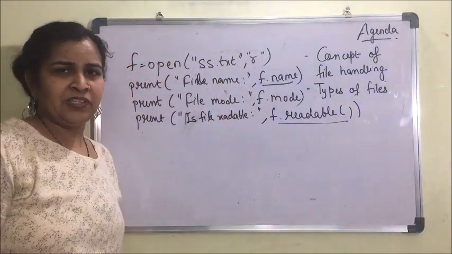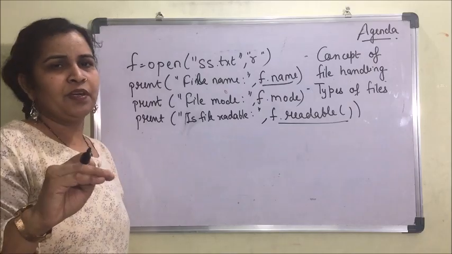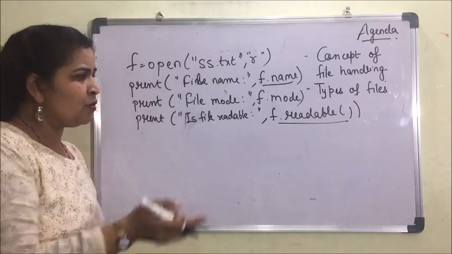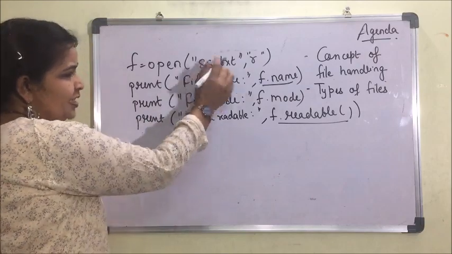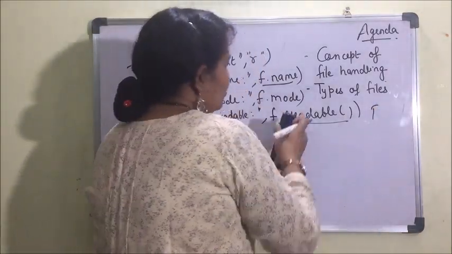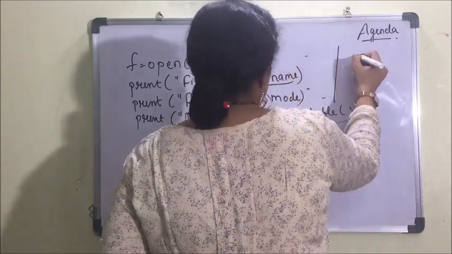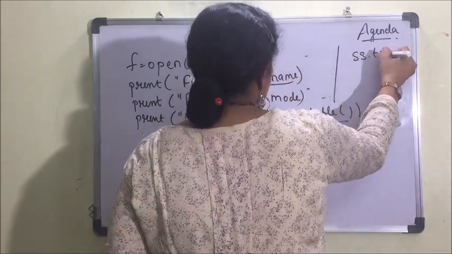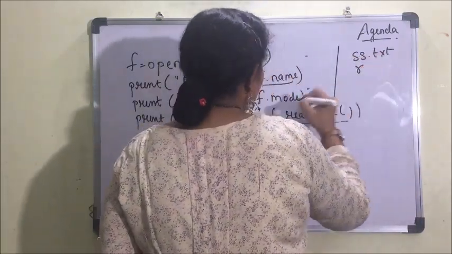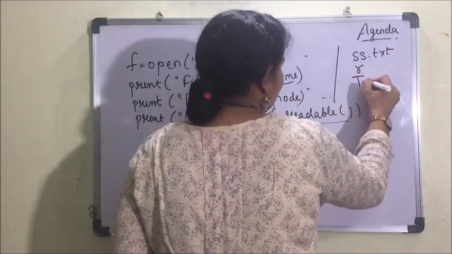If the file is in readable mode, it will return true. If it is not in readable mode, it will return false. In this case, it will return true. So the output will be ss.txt, mode r, and readable true.